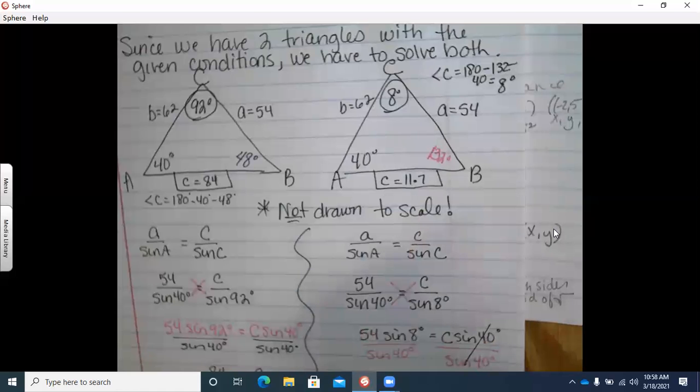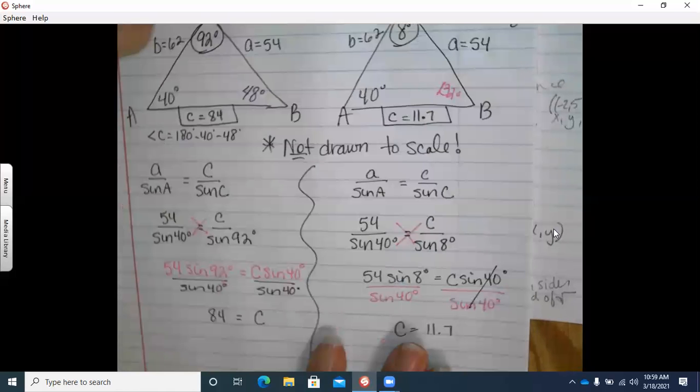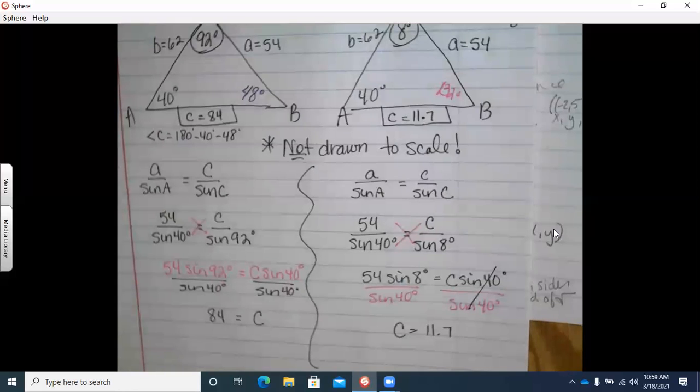I'll scoot it up a little so you can see it might work. Anybody have questions on that? Anybody want me to show you my math calculator work, anything like that?